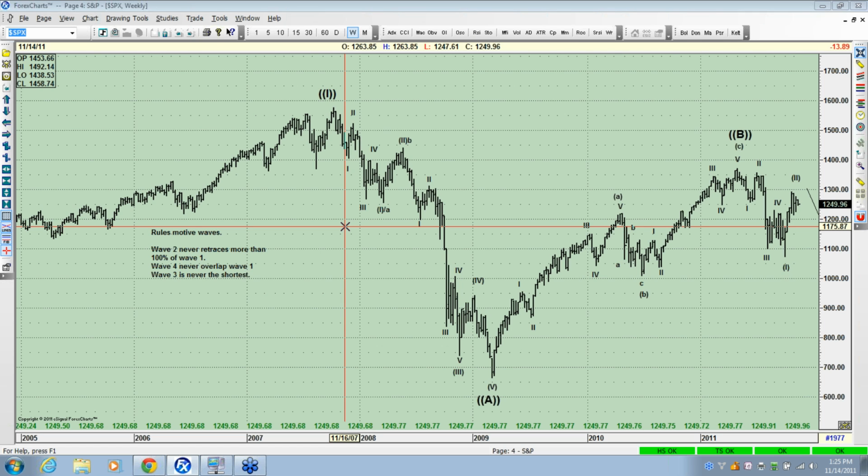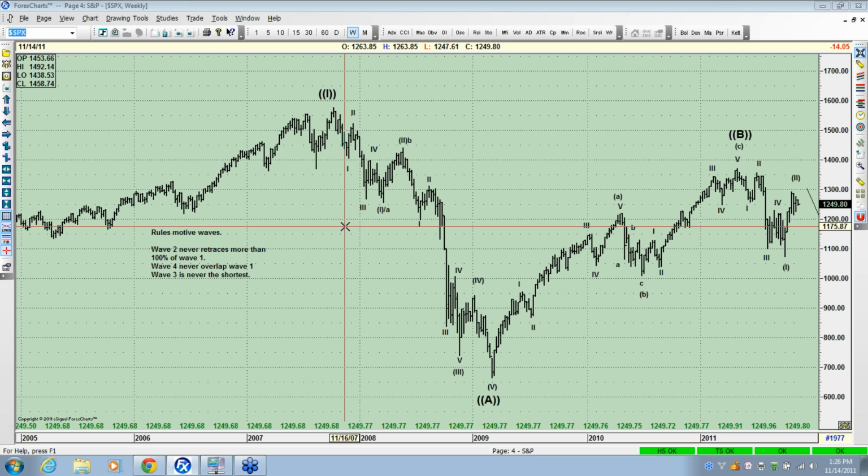Corrections that are subdivided into 5 can be 5, 3, 5. So far, the only thing that 5 says is that you're going to see a top or a minor top, a secondary top. I mean, a top in some degree.